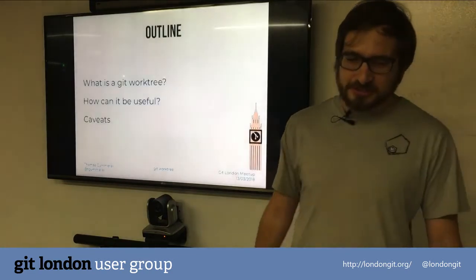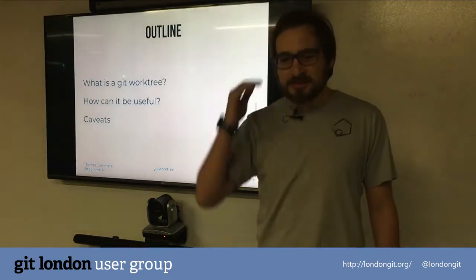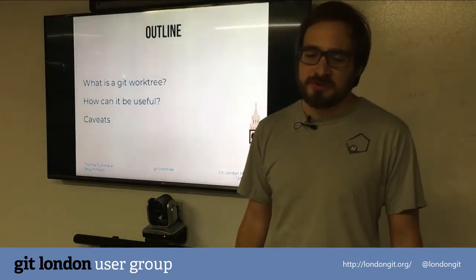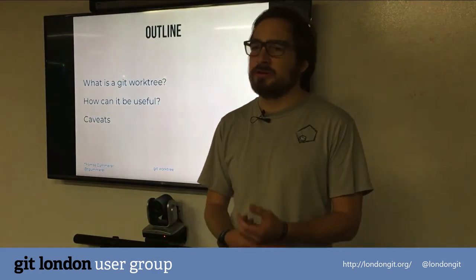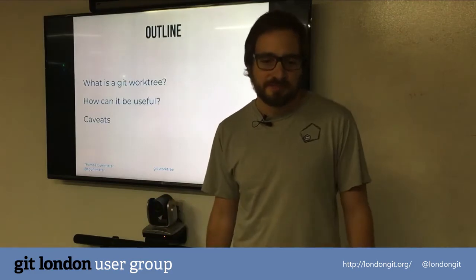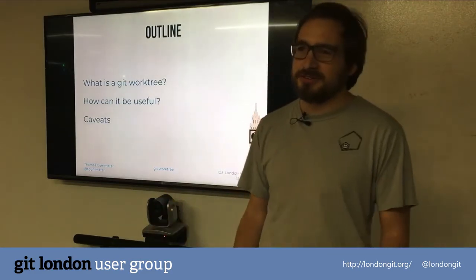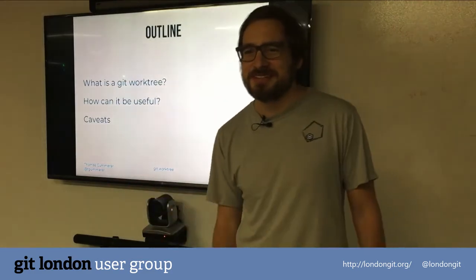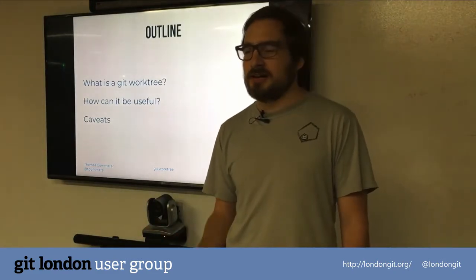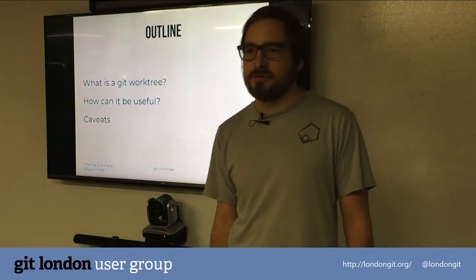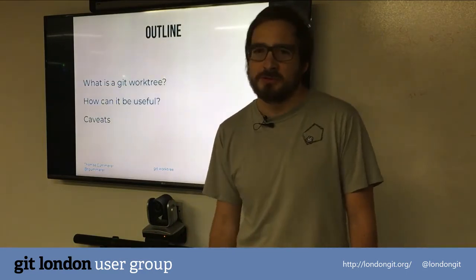Alright, cool. So in this talk I'm gonna start off talking a bit about what a Git Worktree even is for those of you who don't know them yet. Those of you who do, get another beer or some more pizza if you want. Then I'm gonna show you how they can be useful, in which ways I find them useful.